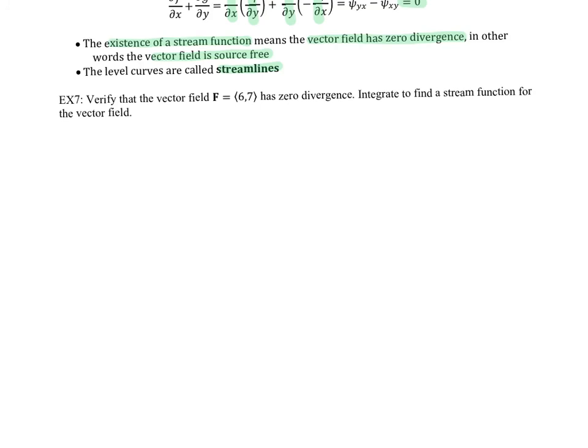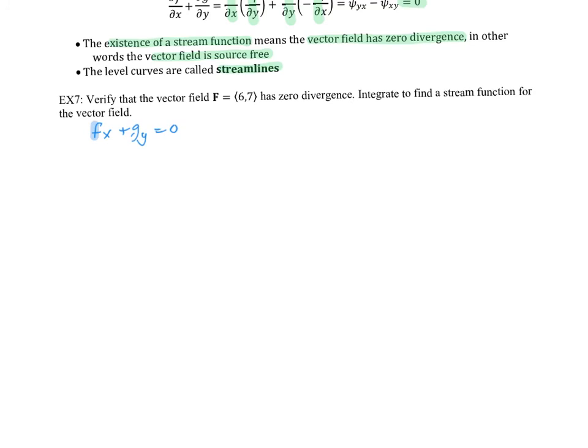Okay, so the first thing I want to do is verify that this vector field 6, 7 has 0 divergence, which just means that the partial of f with respect to x plus the partial of g with respect to y is equal to 0. Is it?